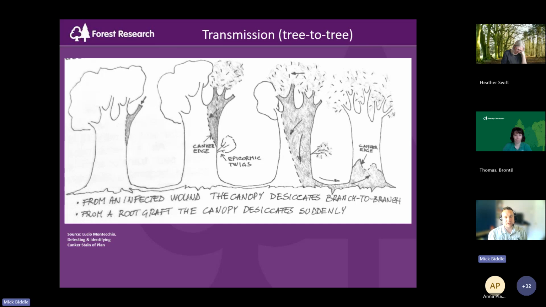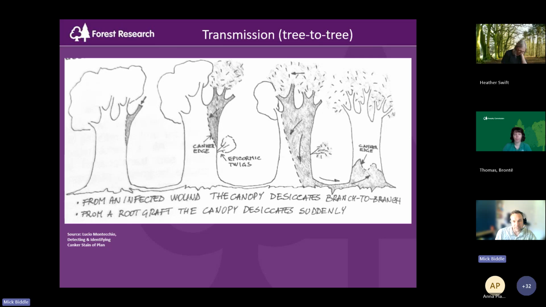Once it gets introduced to the tree, on the left there, that's a pruning wound where infection is initiated. You get this canker starting to develop in the canopy, and eventually that makes its way down the tree to the roots, and then often planes are planted in avenues or in lines, and the root to root contact then allows a pathway along to the next tree along, and it girdles the tree from the base up then.